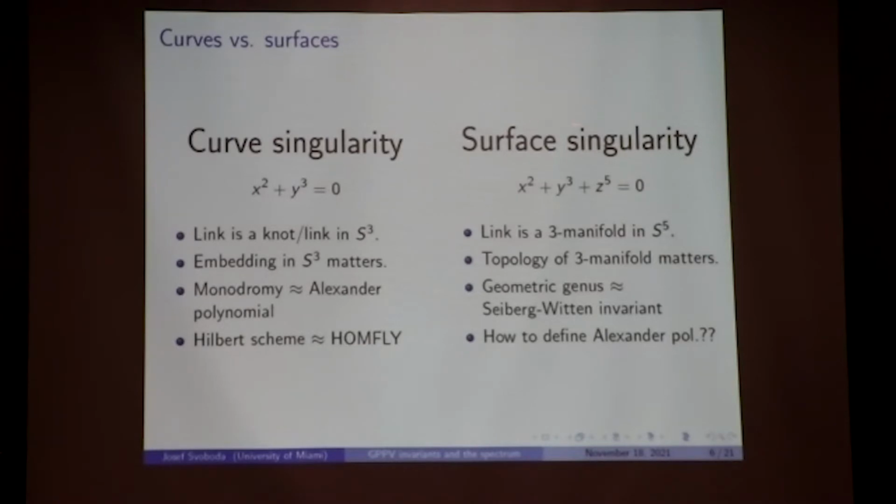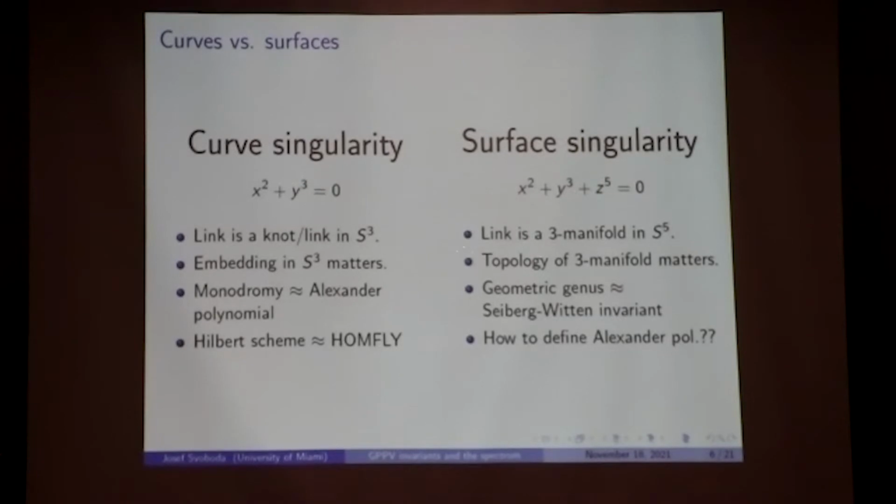In the surface case, the link is suddenly a non-trivial 3-manifold. It's usually not S3; when it is S3, it's just the A1 singularity. So now the topology of this 3-manifold matters, and not so much the embedding into S5, or maybe the embedding into S5 matters, but nobody really knows how to work with it.